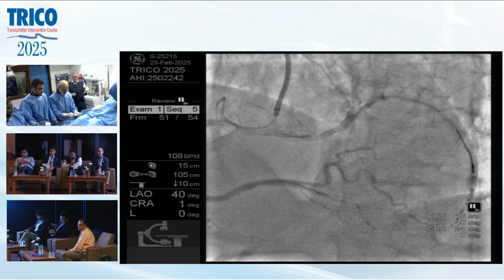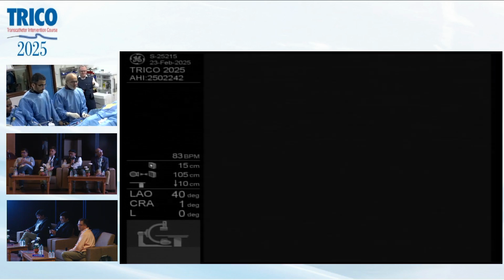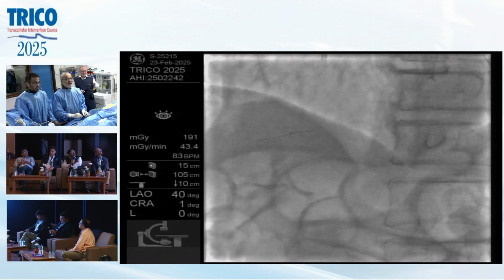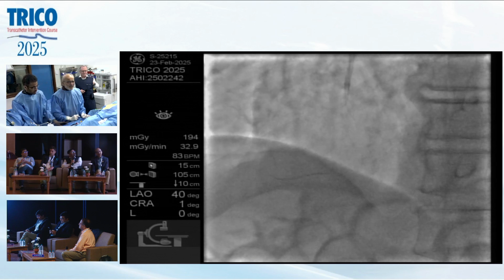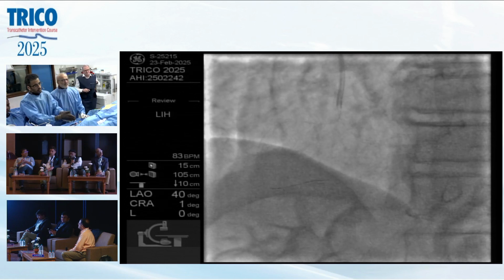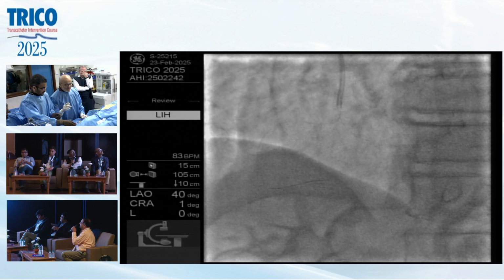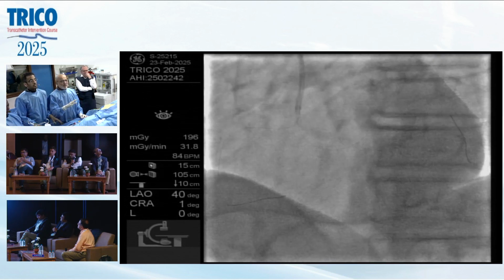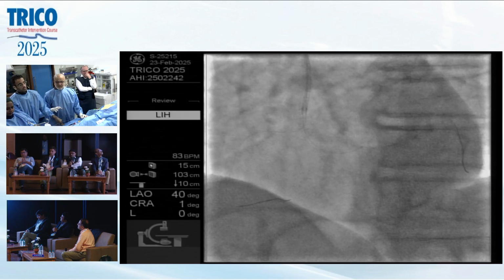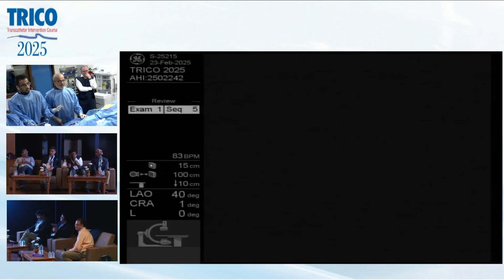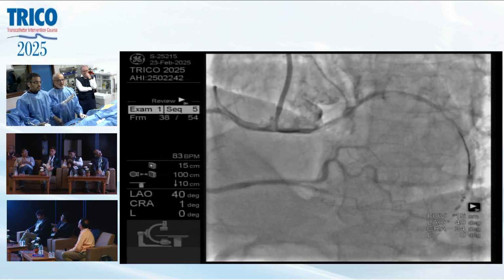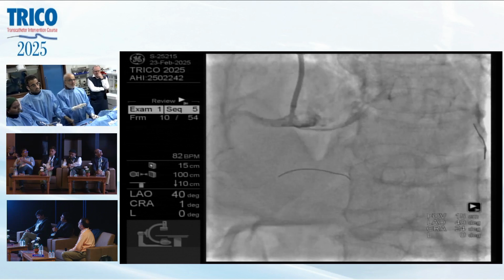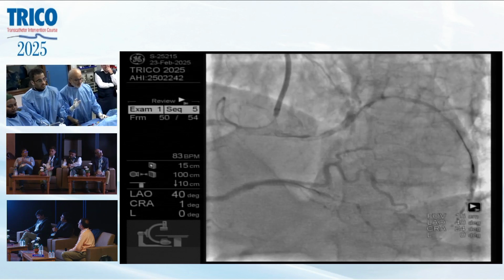Dr. Patel, Girish here. Do you think you still need the RCA wire because it will keep your guide tip away from the circ ostium? You might be able to cannulate better. I agree. May I know who is speaking? Girish Godbole. What I feel is I have no issues. But this course we are designing for the new generation of the country to be trained, and that is the reason I will show them the safest way, to be successful without any heartburns or apprehension.